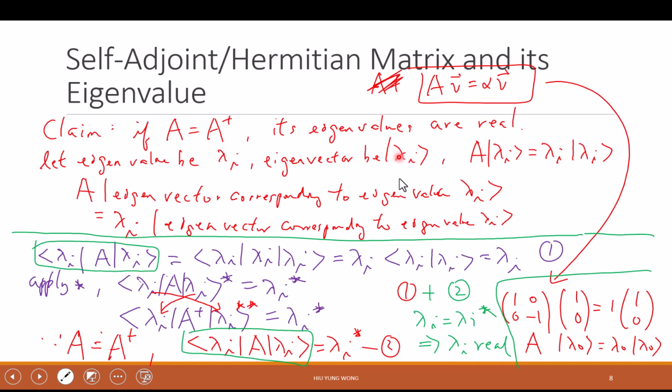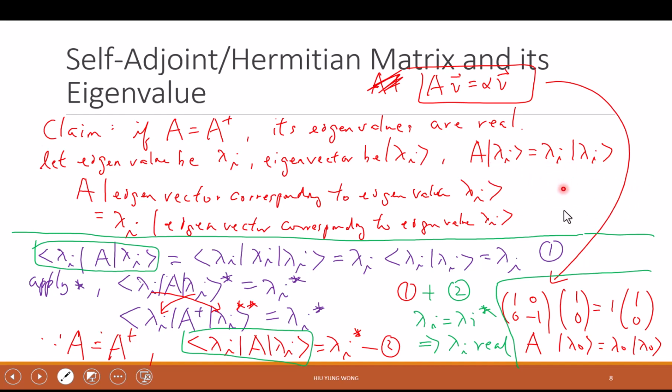I can say the eigenvector that has the eigenvalue lambda I, but now I just put lambda I. You understand this is just a description, referring to a vector that has an eigenvalue lambda I. So by definition, the matrix times the vector equals a number times the vector itself, where lambda I is its eigenvalue, and the ket lambda I is the eigenvector. You need to memorize the definition of eigenvalue and eigenvector, right?